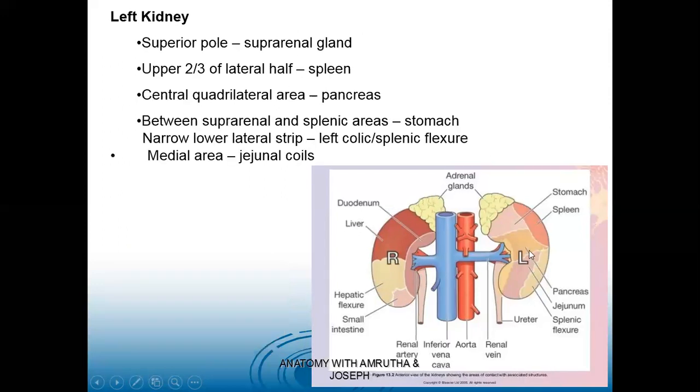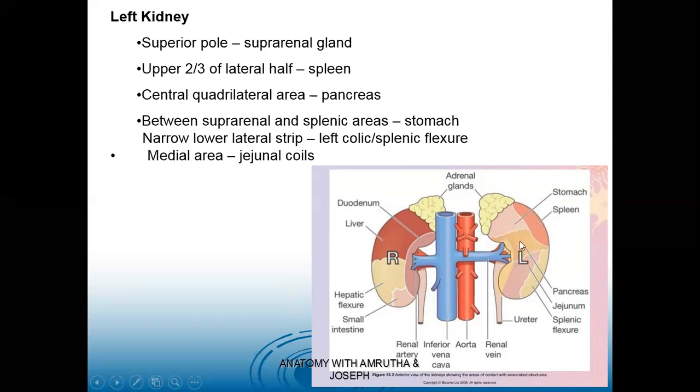Coming to the left kidney, the superior pole, as expected, is related to the adrenal gland. The upper two-thirds of the lateral half is related to the spleen. This central quadrilateral area is related to the pancreas. And between the suprarenal and the splenic area is the area related to the stomach.